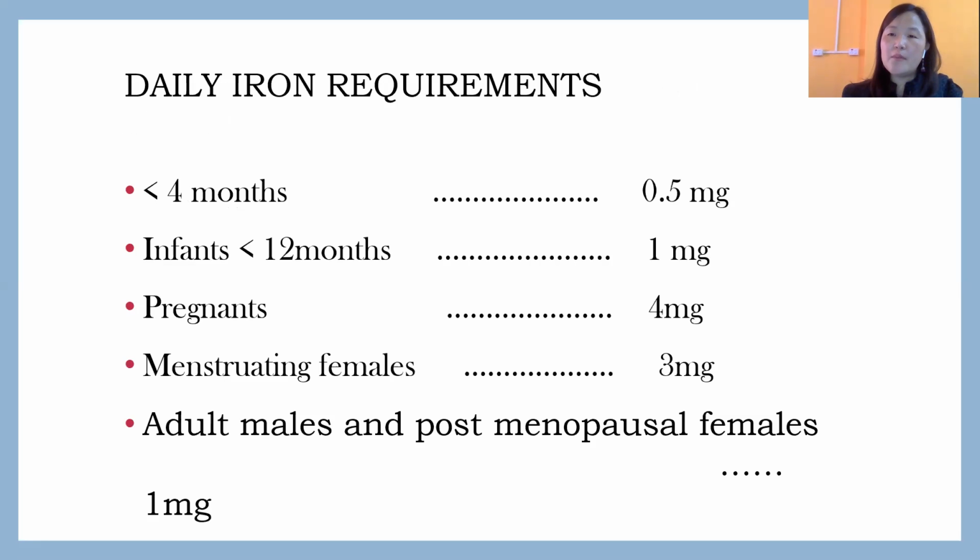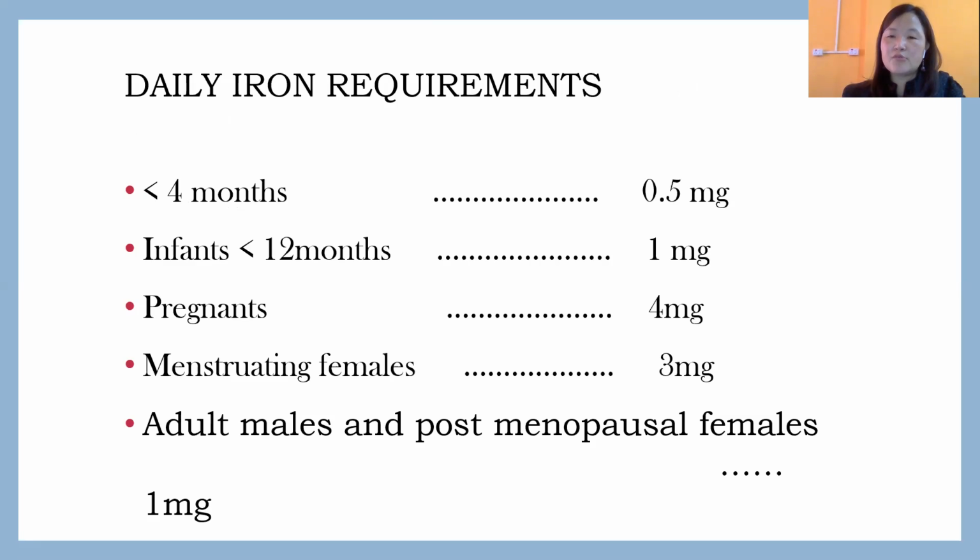As we talk about it, iron deficiency anemia is the most common form of anemia, and it is usually due to deficiency of iron in your diet. That leads to decreased production of hemoglobin, especially the heme part of the hemoglobin. So what are the daily requirements? If a person is below 4 months, they require 0.5 mg of iron per day.